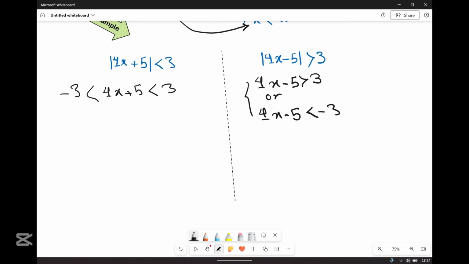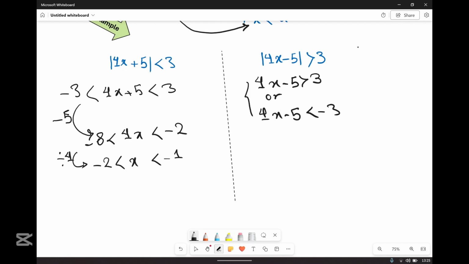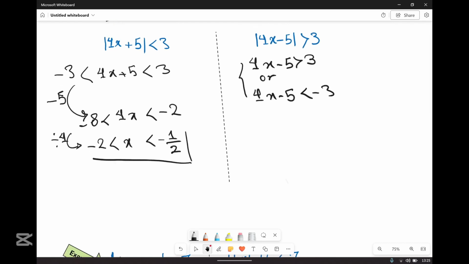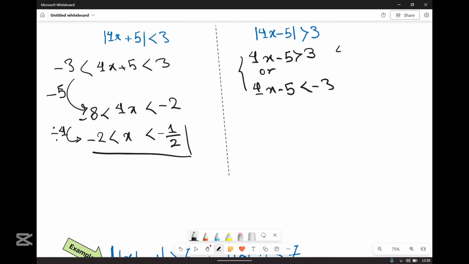If we solve this part, at the first I add 5 to this inequality, and it turns to -2 less than 4x less than 2, and if I divide by 4, it gives -1/2 less than x less than 1/2. For the other part, we know 4x is more than 8 and x is more than 2, and for this part, 4x is less than 2 and x is less than 1 over 2.